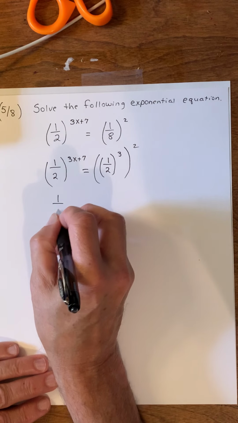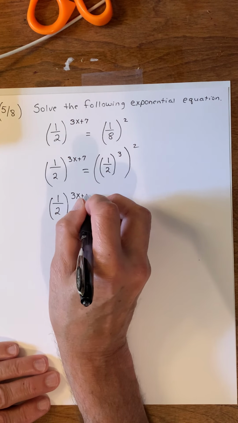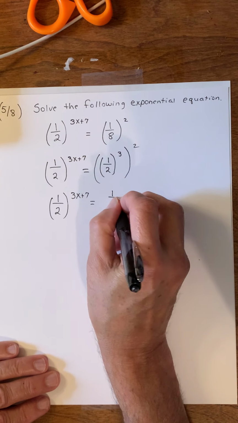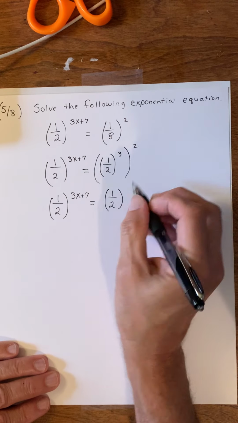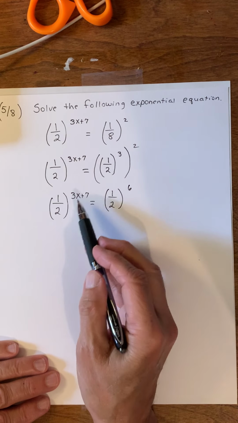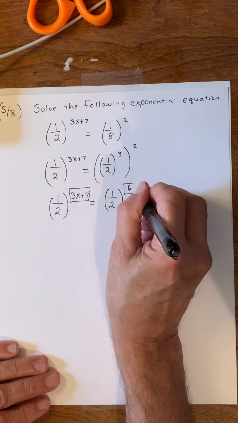I need to clean up my mess a little bit here. I have powers to a power. So I'm going to multiply my exponents. 3 times 2 is 6. Look there. Same base. That means my exponents must be equivalent.